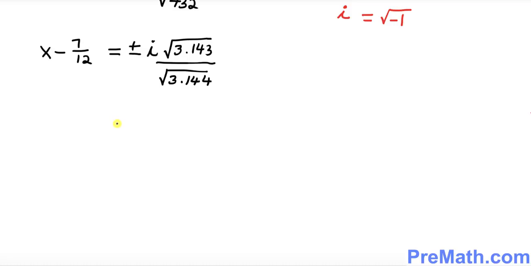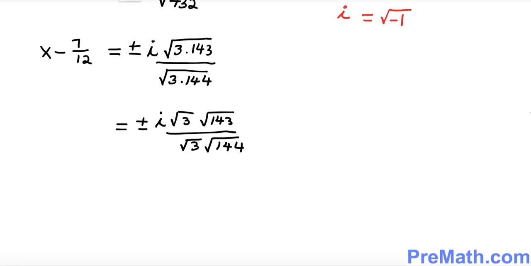We just want to simplify a little bit more. Positive or negative i. Let's split up these radicals like this: square root of 3 times 143 divided by square root of 3 times square root of 144, isn't it? So what happens right now? This square root 3 and this square root 3 are gone.